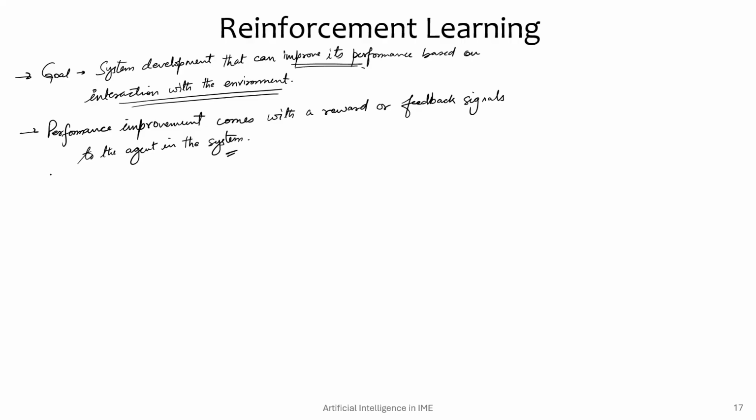Now, the more the agent gets rewarded, the more it will perform similar kinds of things to attain its goal, that is, to increase the performance of the system and to get the pre-specified goal of the system. Okay. So, these kinds of systems are related to supervised learning. Why are they related to supervised learning?